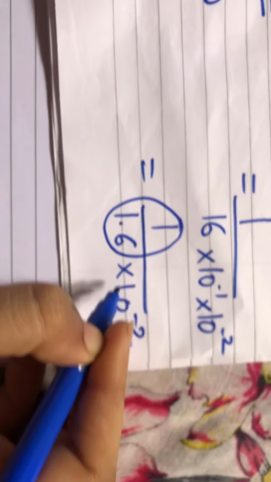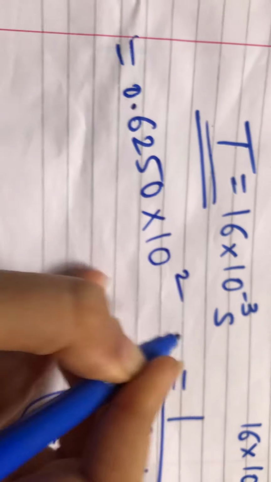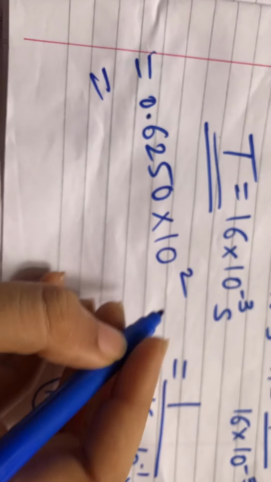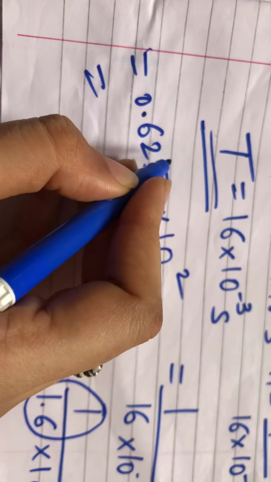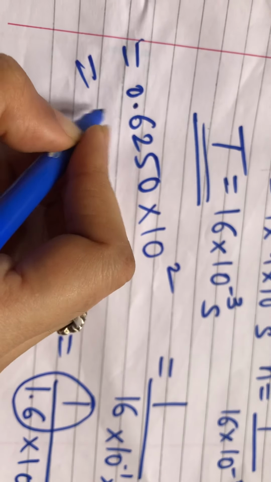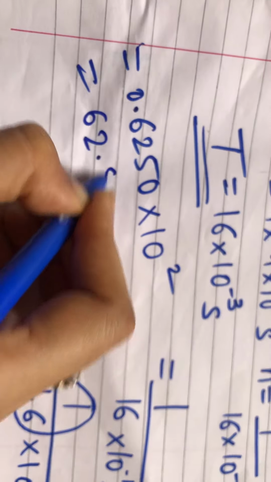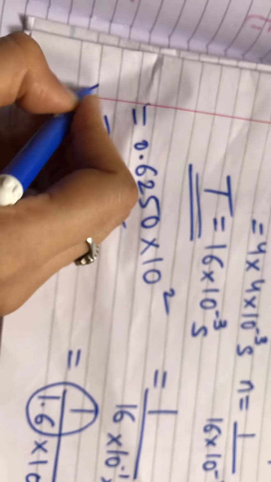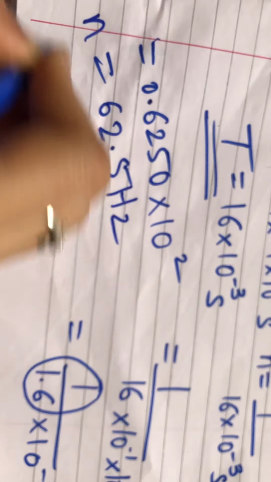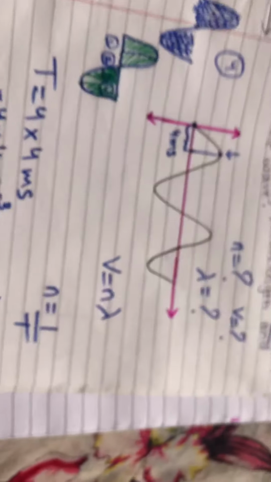What remains? 10 raised to minus 2. If we take it in the numerator, that becomes 10 raised to positive 2, which means the point will move towards the right hand side. We have 2 over here, so the point will move towards the right hand side for 2 digits. So it will become 62.5, and the 0 has no value, so it is 62.5. Frequency has unit hertz. So here we have found out the frequency.